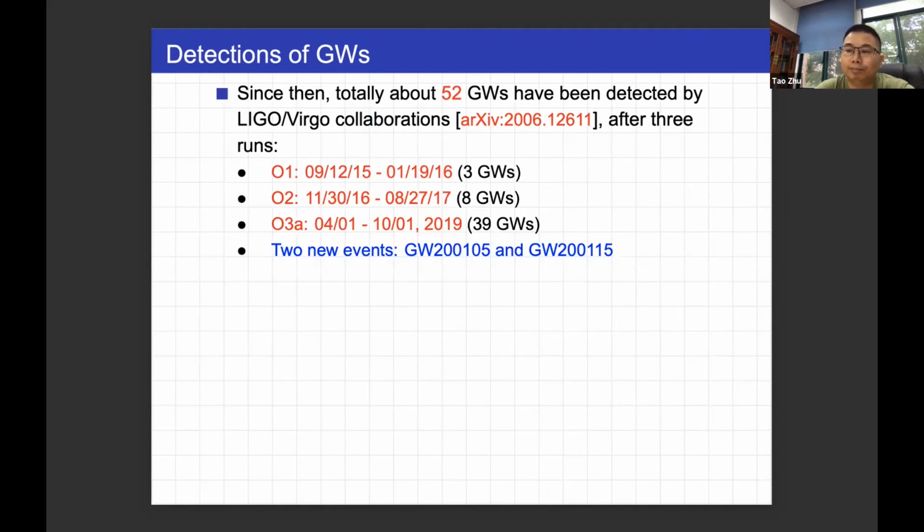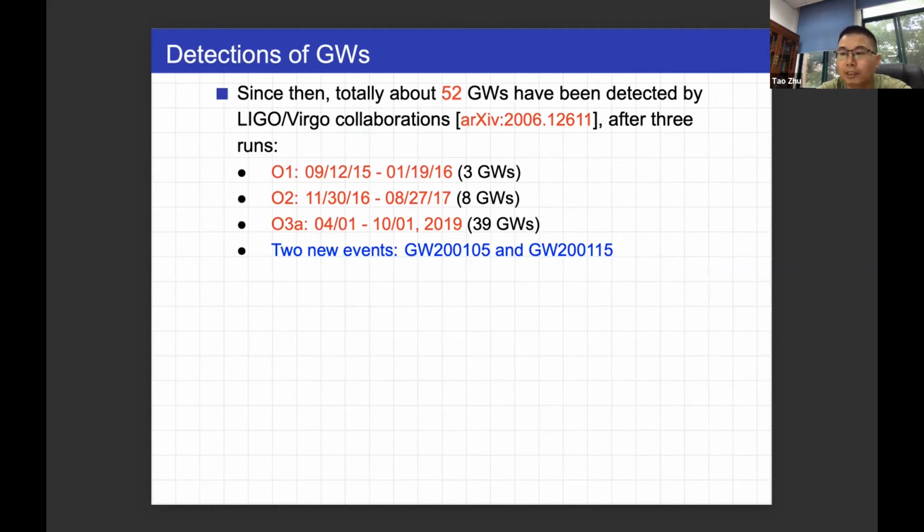Since the first event, the LIGO and Virgo collaborations have already released 52 gravitational wave events, which were detected in the past 3 runs.